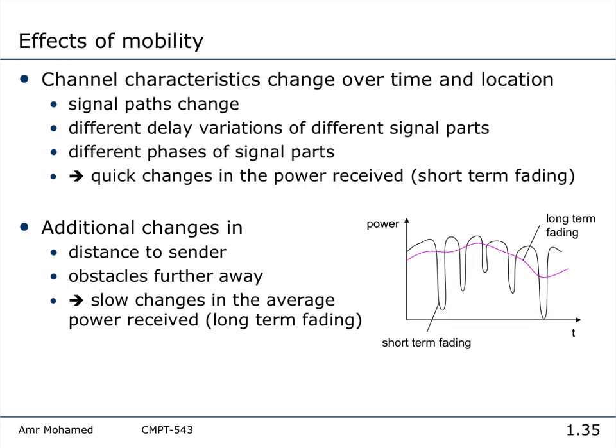Okay. With the effect of mobility, this multipath propagation can cause different effects, because it entails that you have different copies that arrive at the receiver, right? Some of them are going in a straight line, some of them are reflected, right?